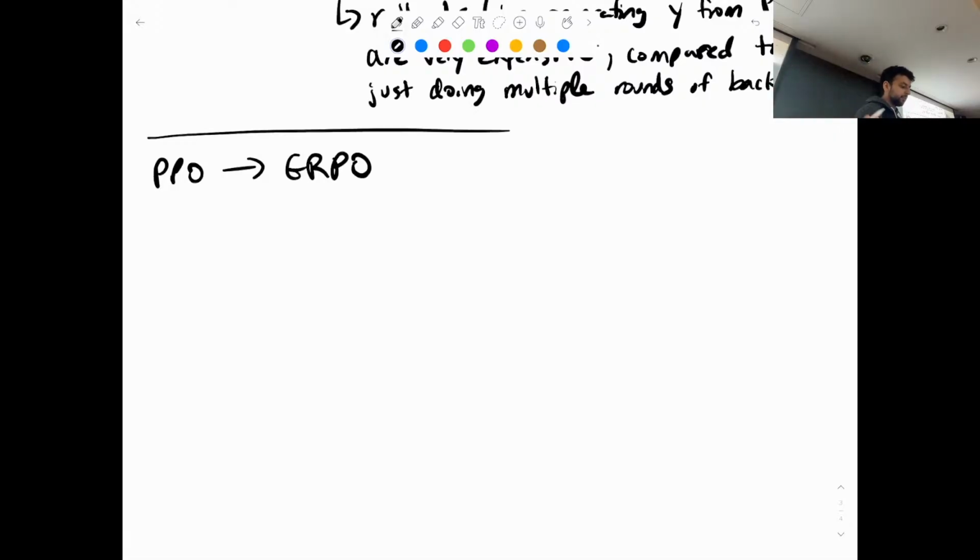So that's where we're going now, and GRPO is the specific algorithm that was introduced in the DeepSeek paper. So, all right, I'm going to first just outline some of the key mechanical differences here, and then we'll look at how the PPO loss is modified in GRPO.